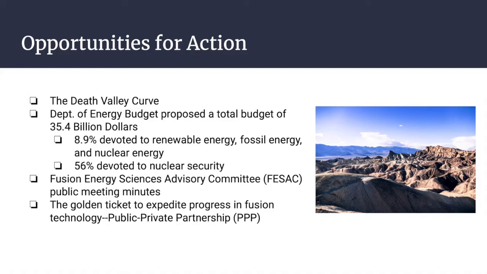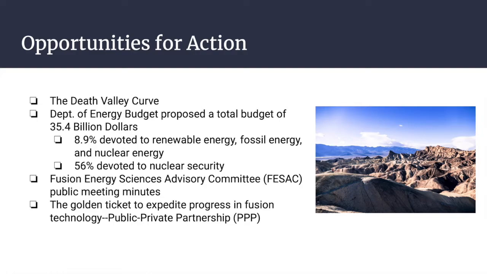After doing some calculations, just under 9% of the entire $35.4 billion requested budget is to be devoted to the innovations for affordable, reliable, and efficient energy sources, which consist of renewable energy, fossil energy, and nuclear energy. It's not specified exactly how much of that actually is given to nuclear energy.